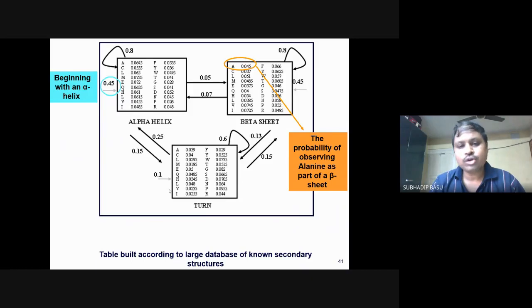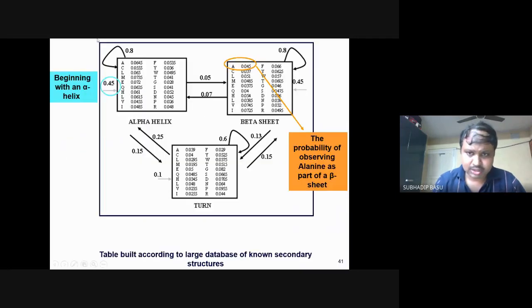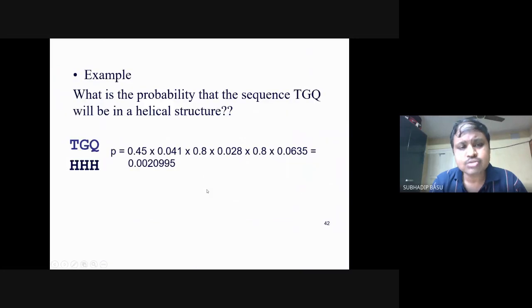Okay, so for example, what is the probability that the sequence TGQ will be a helical structure? Suppose I give this question as an exercise, along with this particular transition matrix. Can you estimate the probability of TGQ being HHH? Let us estimate.